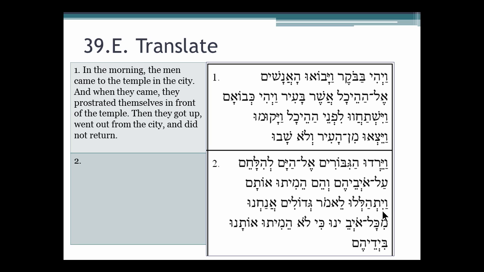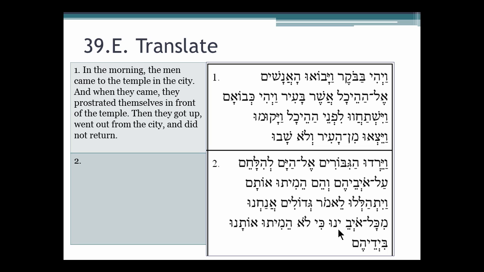And they praised themselves, lemor, saying, gedolim anachnu, we are great. Again, gedolim is an adjective, it's plural, and we, of course, is a plural pronoun, first person. We are great, mikol, from all oyevenu.